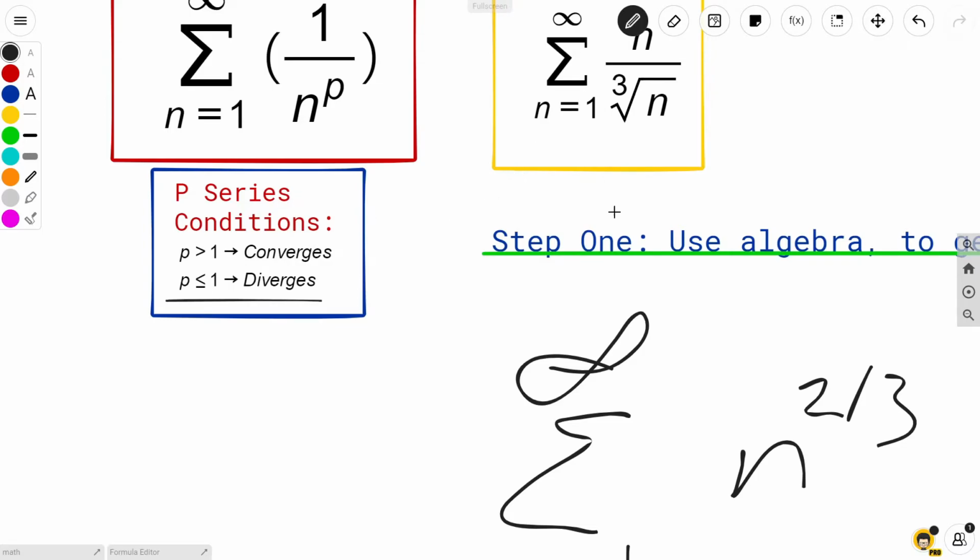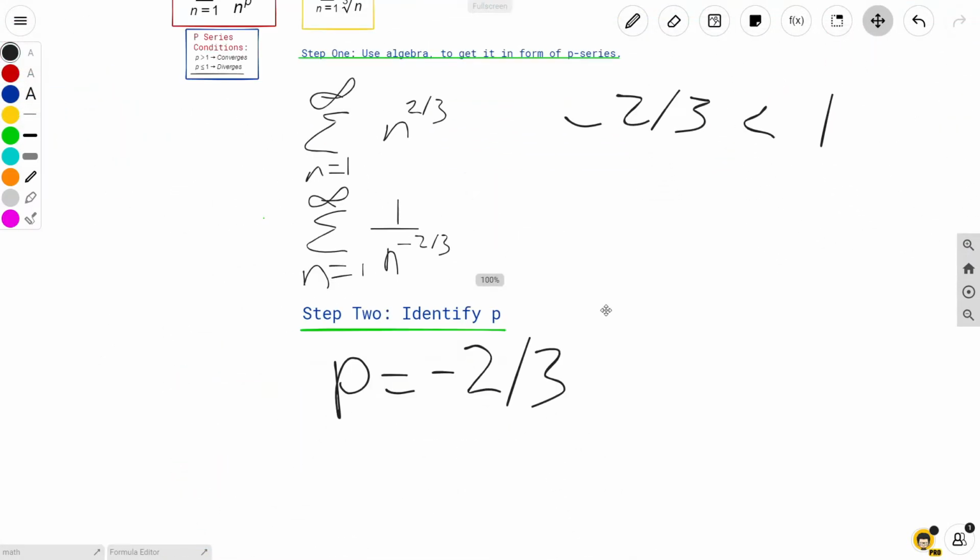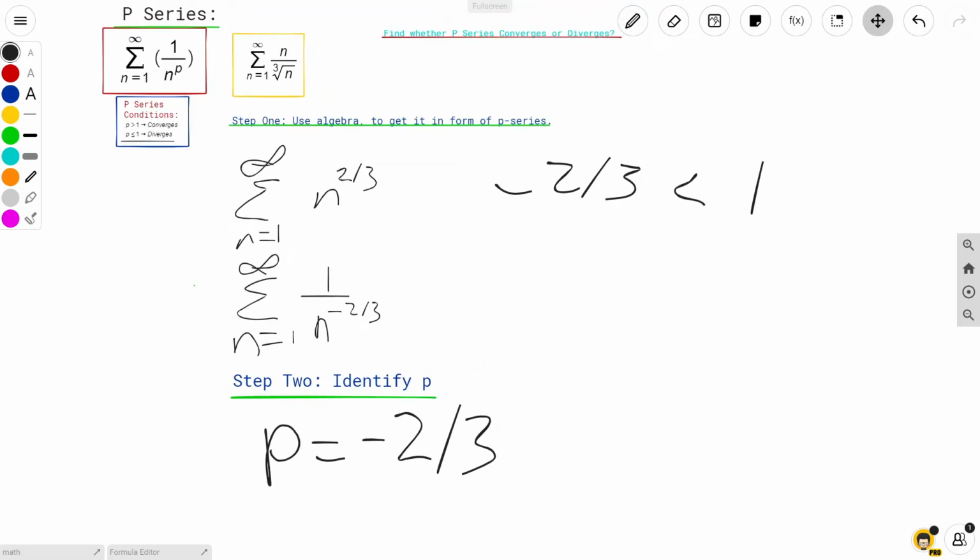So this series is diverging. I'm going to put that as step 3. Step 3, we are applying the p-series conditions. In this case, we know p is less than 1.